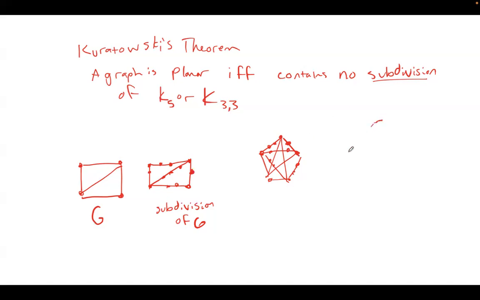As long as there's some semblance of K5 or K33, remember K33 is the complete bipartite graph on 3 and 3 vertices, embedded in our graph, then it's impossible for it to be planar.